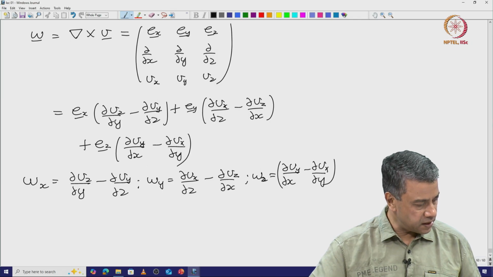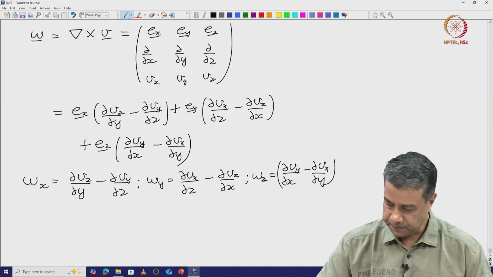Recall when I had written the antisymmetric part of the rate of deformation tensor.